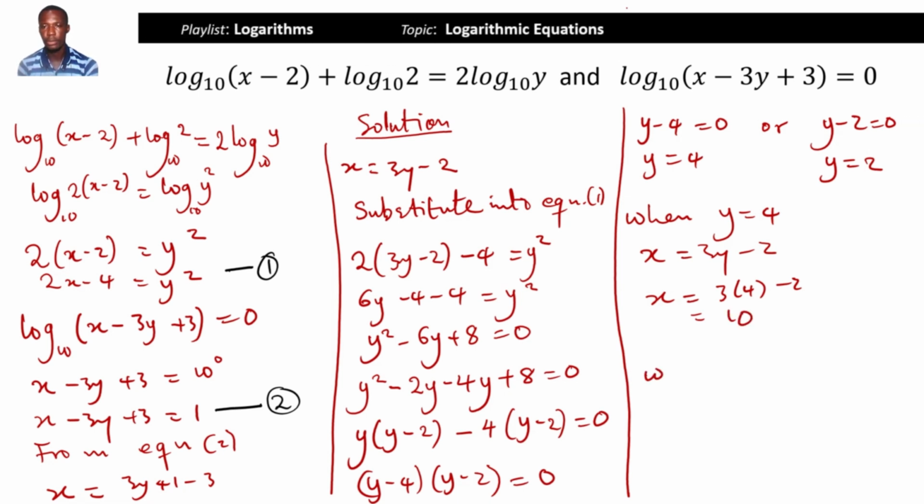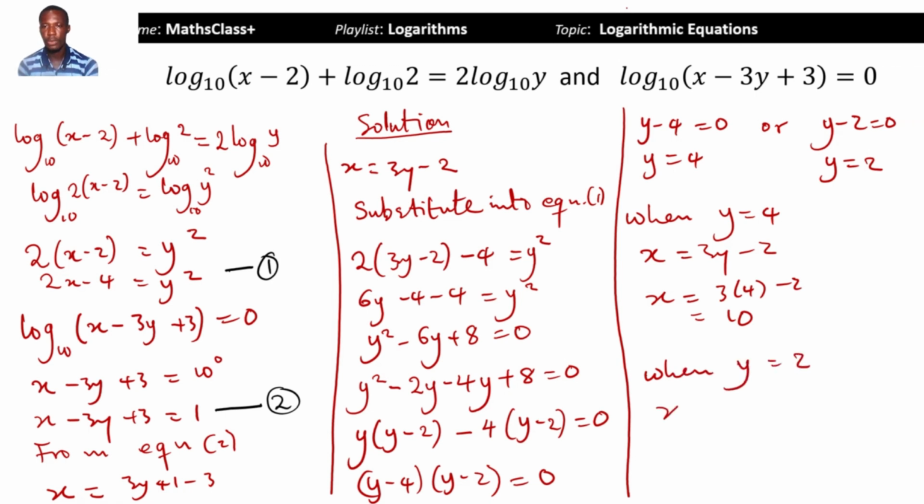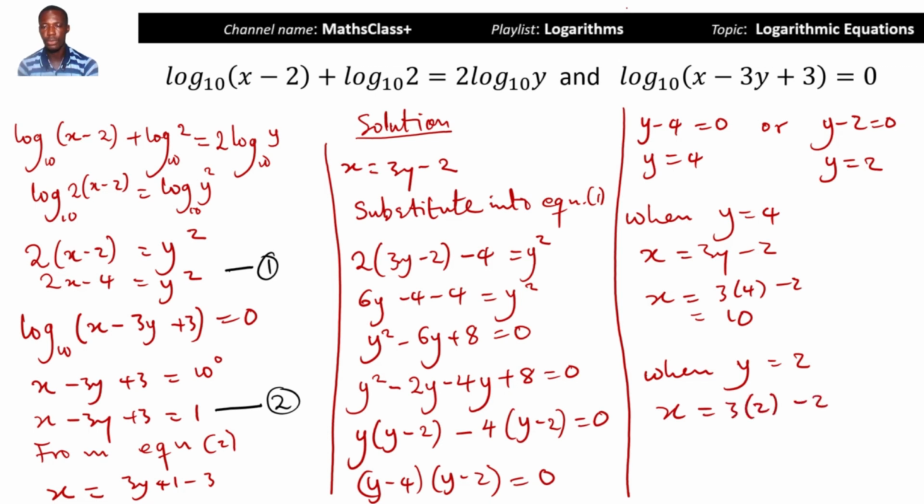Then when y is 2, x will be 3 multiplying 2 minus 2, which is going to be 6 minus 2, and that's 4. And that will be the solution to the question.